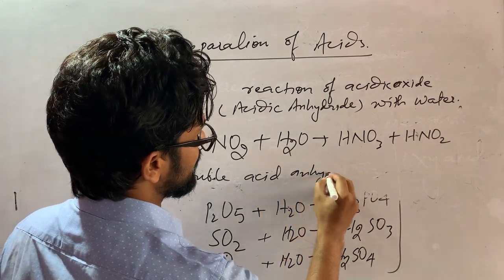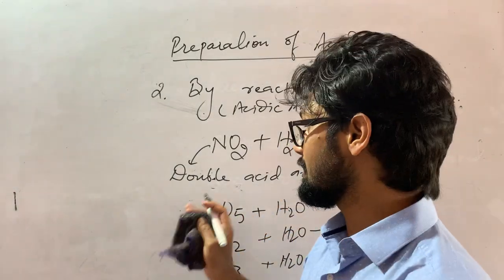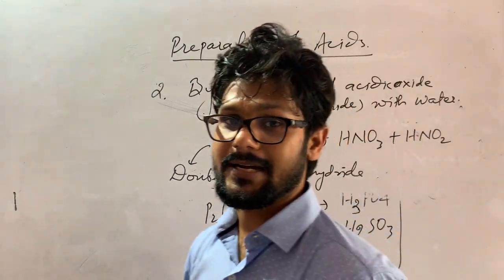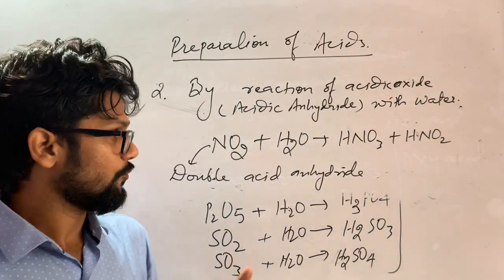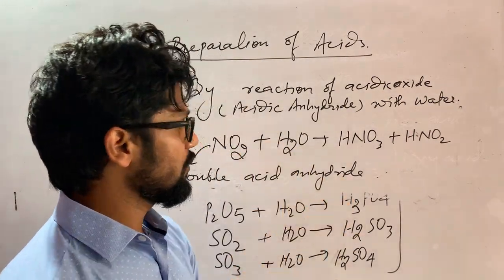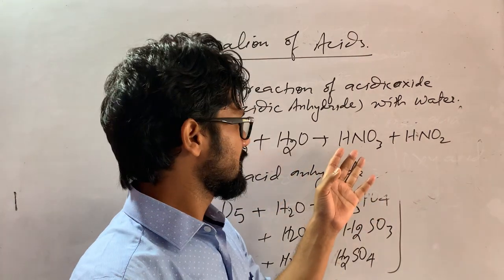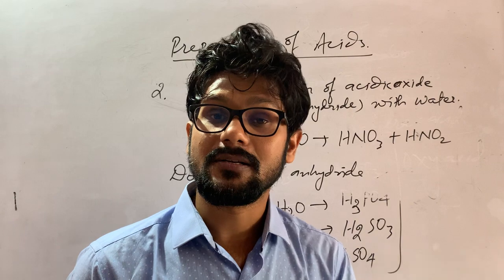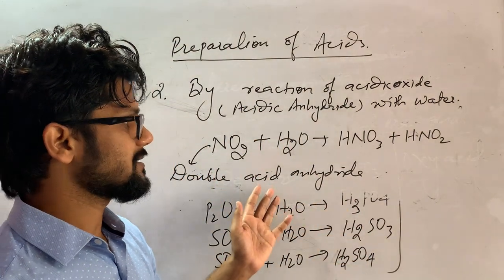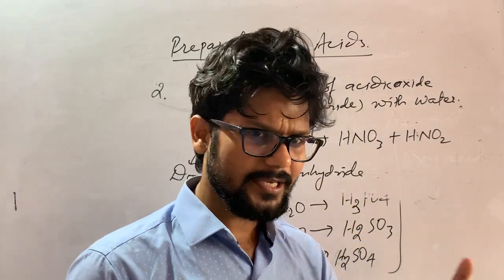So a question can come: why is nitrogen dioxide called double acidic anhydride? Your answer will be: because when nitrogen dioxide dissolves in water or reacts with water, it gives two types of acids, nitric acid and nitrous acid. This is why it is called double acidic anhydride. So the second method is over.